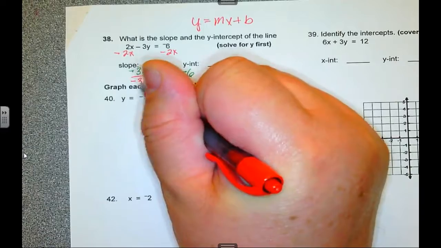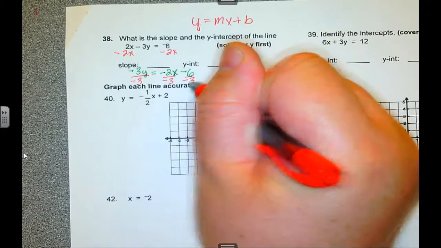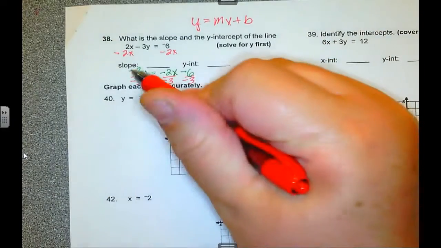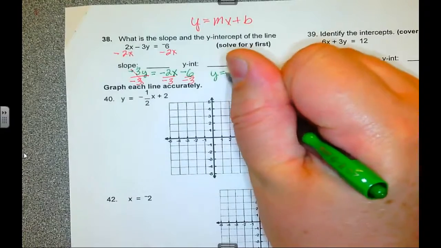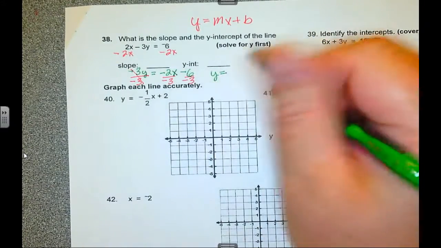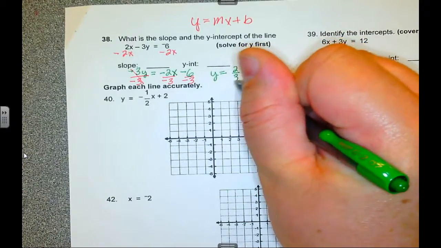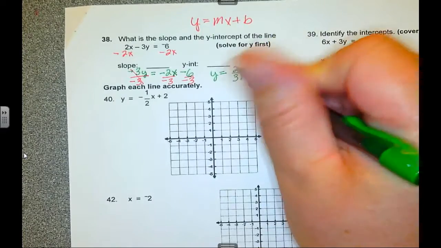Divide each term by the coefficient negative 3. Okay, so I get y equals, no, you're dividing, be careful. Leave it as 2/3, okay? I'm going to pull the x out because that's in the numerator.